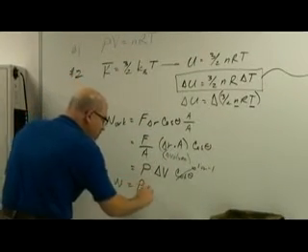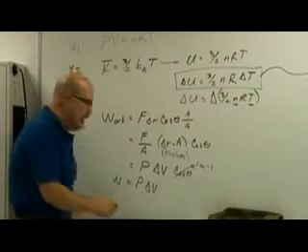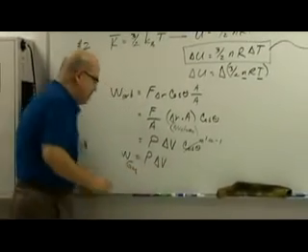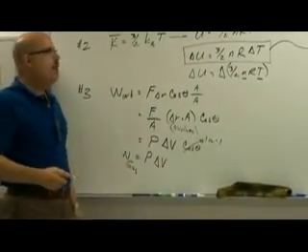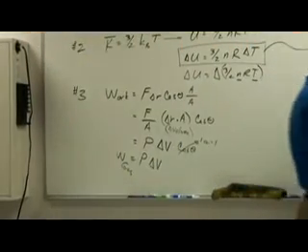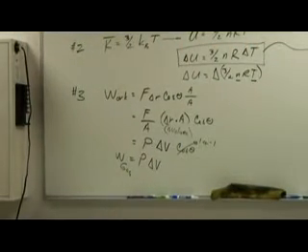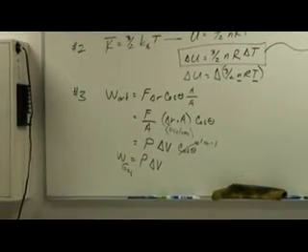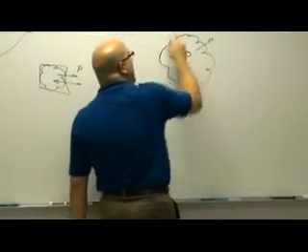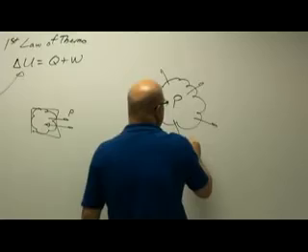Work equals pressure delta V for a gas. I'm going to put gas down here because this is only good for a gas. So what is our sign convention from last time? Remember, this is my system. Here's my gas, and let's say there's a pressure here. The pressure is going to be outward from the gas.